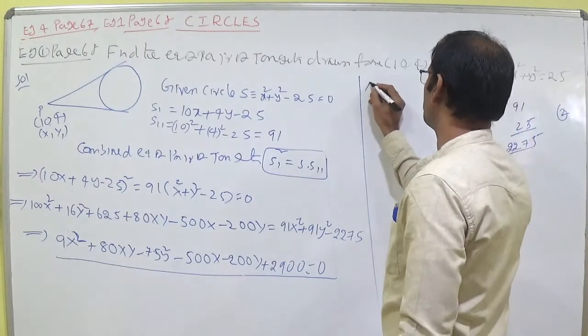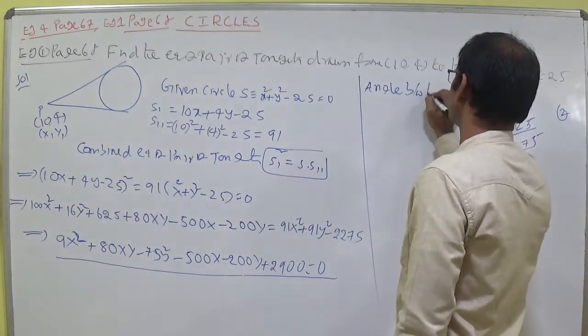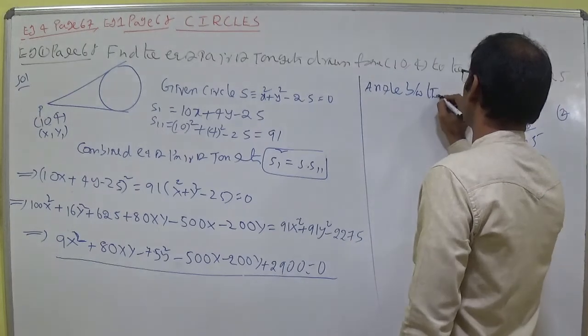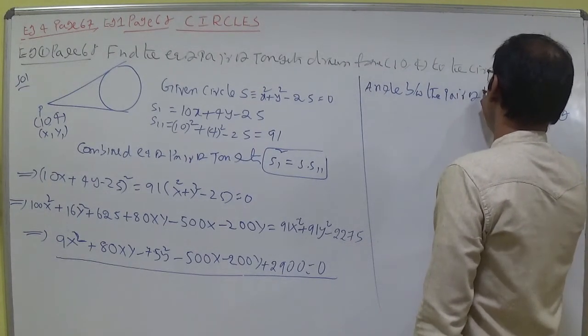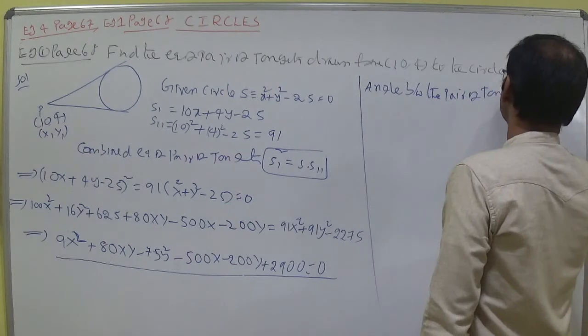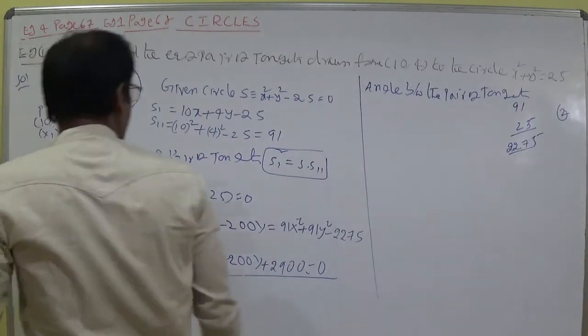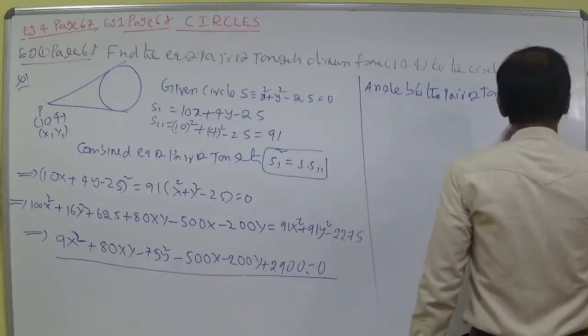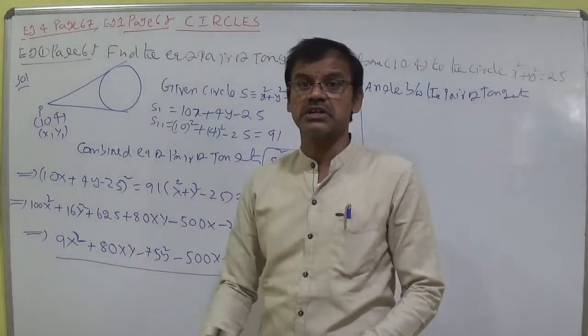Angle between the pair of tangents. If he asks for cos theta, you write cos theta. If he asks tan theta, you write tan theta. Otherwise sin theta also you can do.